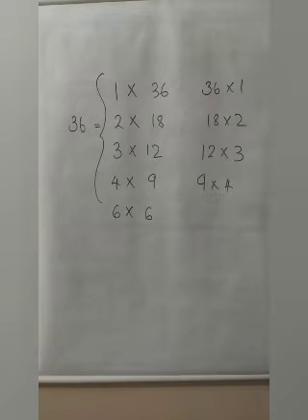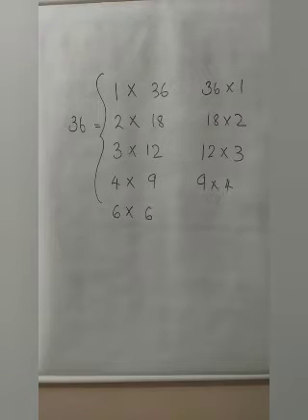So what is prime factorization? It is when all the factors are prime numbers. So here we have to convert these composite numbers into prime numbers. If all the factors are prime, then we can say we are writing the prime factorization.